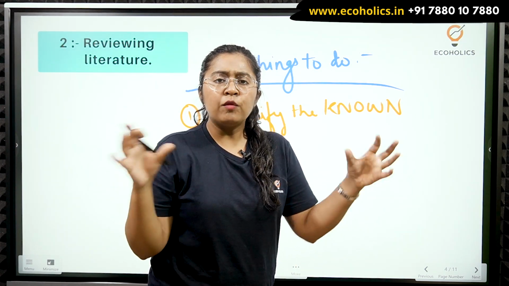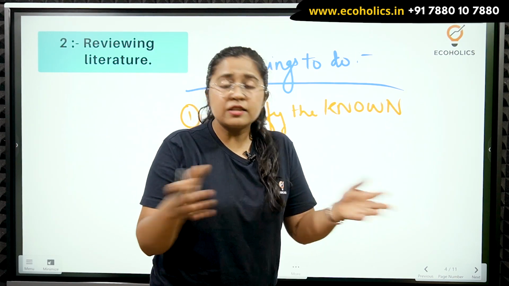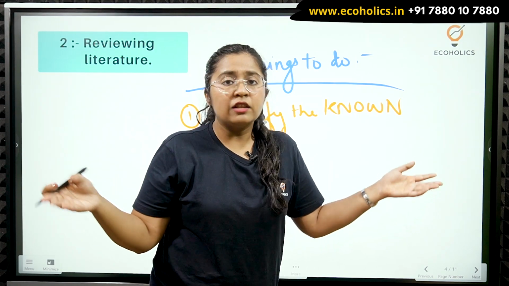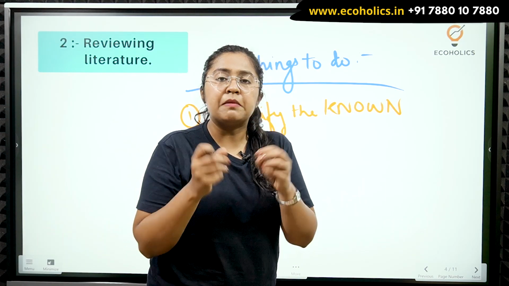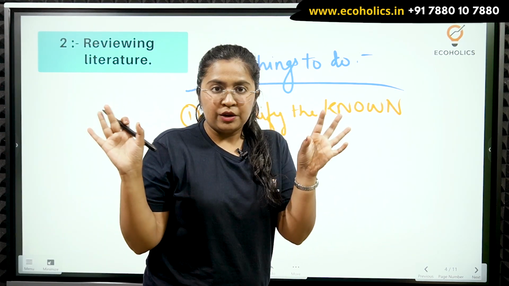First, identify what you already know about and research that or review that in whatever literature you have found. Okay, it can be books, it can be magazines, it can be papers, it can be anything, right?